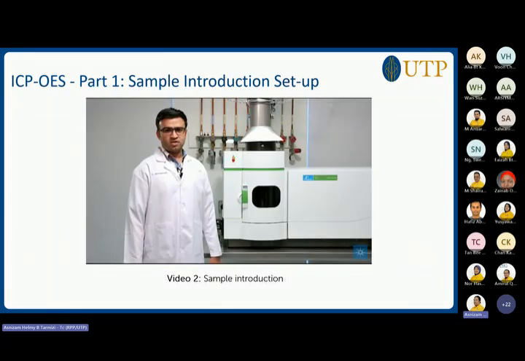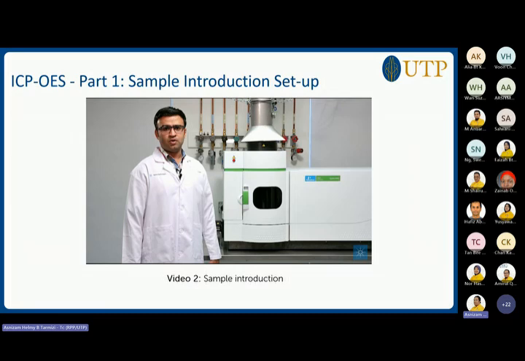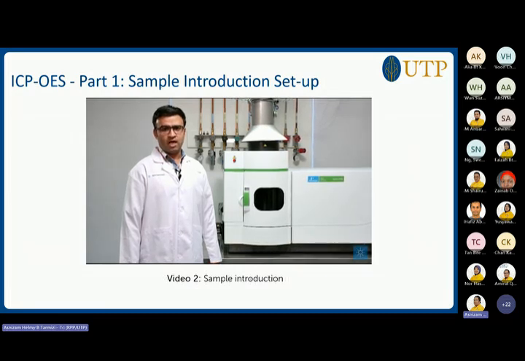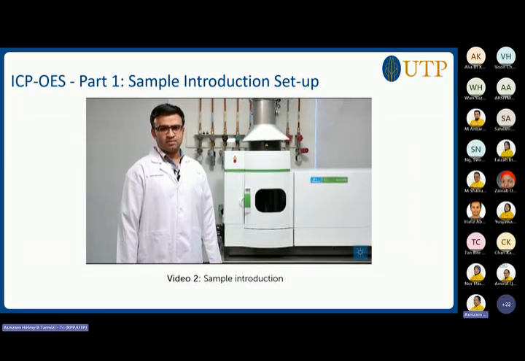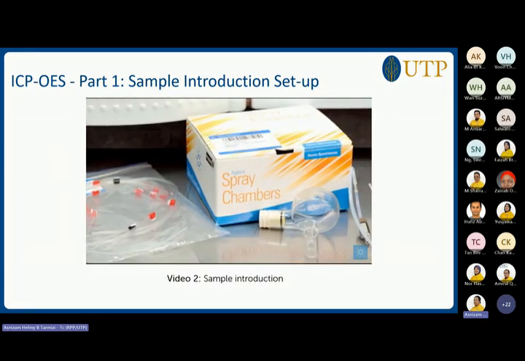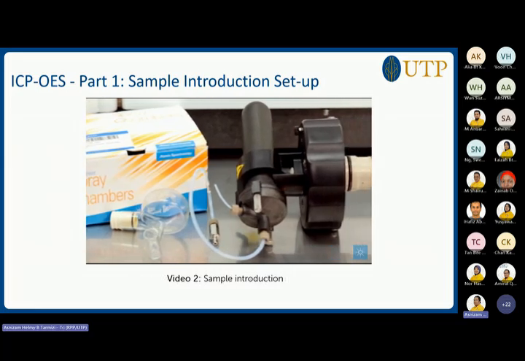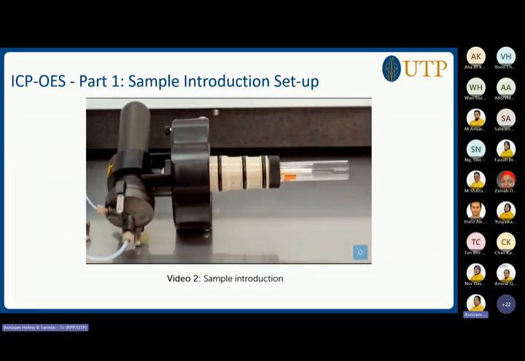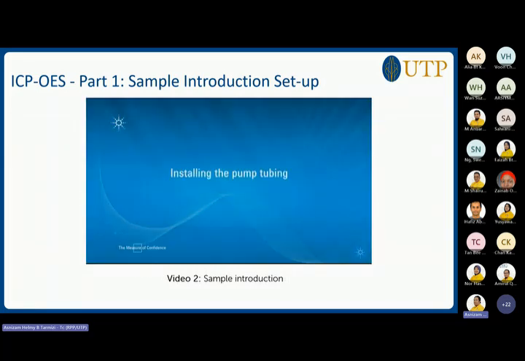This is the first of a series of instructional videos to help you achieve the best performance and productivity with Agilent supplies for your PerkinElmer Optima ICP OES. We will now be introducing the sample introduction supplies, which includes the peristaltic pump tubing, spray chamber, and torch assembly.